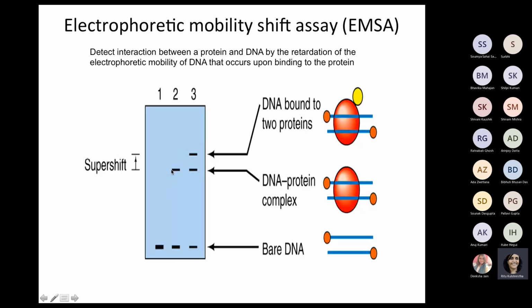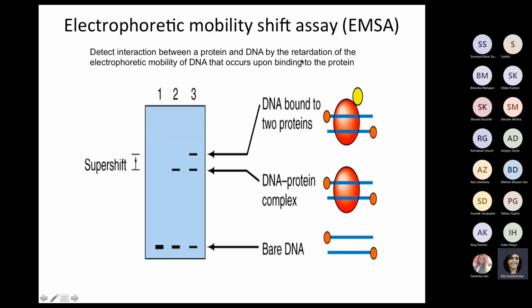So we will see a shift in the mobility of the same DNA fragment when it is bound with a protein. If it is bound with multiple proteins, we can see multiple bands also, because there can be some DNA fragments where only one protein binds or two proteins bind, and so on. So this is the basis behind the EMSA assay.